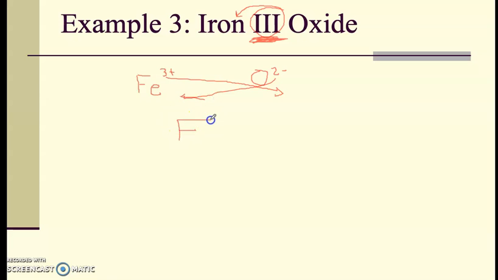So it becomes Fe2O3. Can you reduce that? No, you leave it as is. You need 2 irons and 3 oxygens. 3 oxygens with 2- each gives 6-, and 2 irons times 3 gives 6+. So it neutralizes. That's why we do this crisscross method.